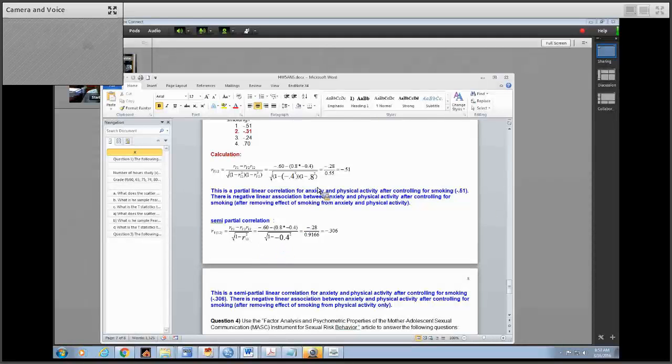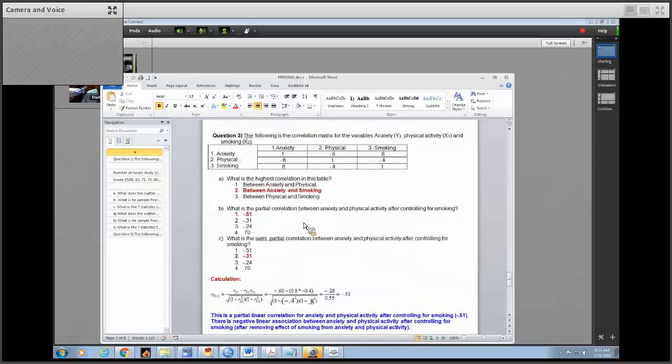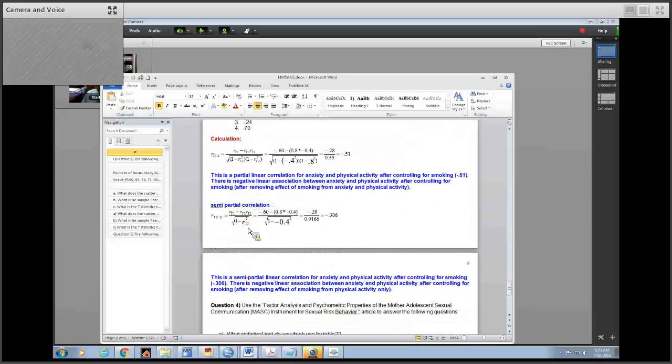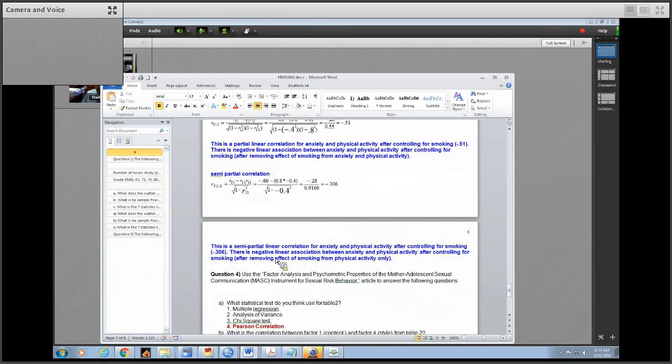In the denominator, you do not put the correlation between anxiety and smoking anymore, you only take the correlation between smoking and physical activity. So you get negative 0.306. Here, you would explain there is a negative linear association between anxiety and physical activity after controlling for smoking, which means removing smoking from physical activity only.